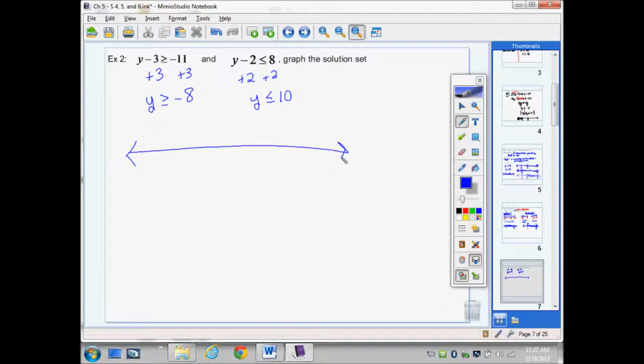To graph this, I'm going to have -8, I'm going to have a 0, I'm going to have a +10. Greater than or equal is a solid dot, and greater than goes that direction. Less than or equal to is a solid dot, and less than goes that direction. My arrows are pointing at each other, so I'm shading in the middle.